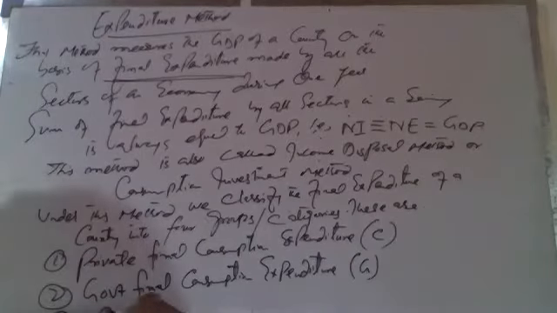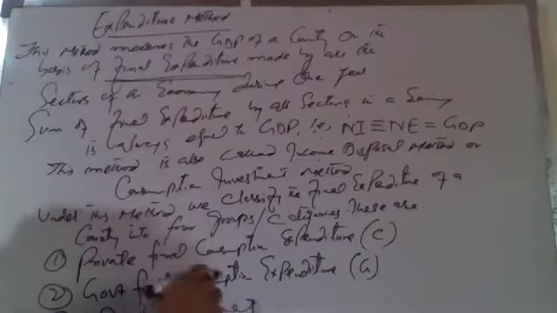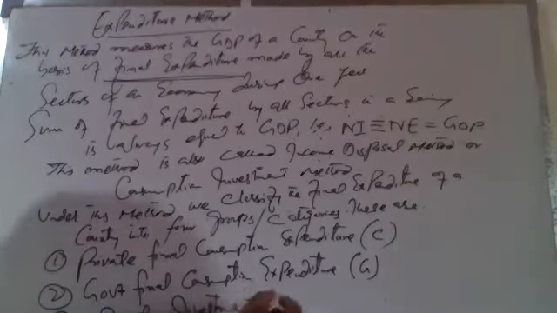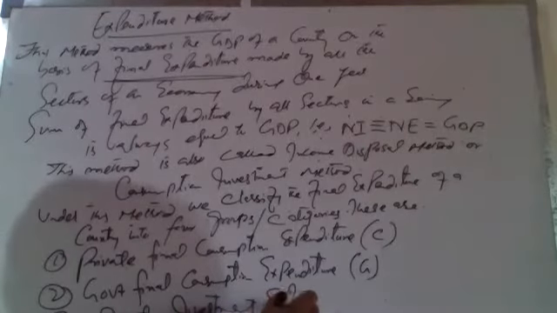The private sector makes two kinds of expenditure. One is they spend their money on consumption goods and services. Another expenditure they make on investment goods, on capital goods. So this is private investment expenditure.